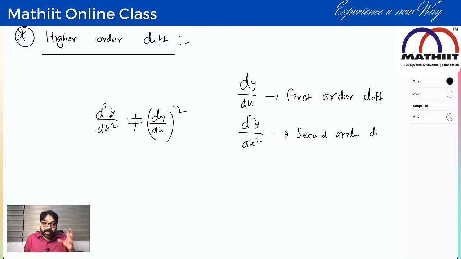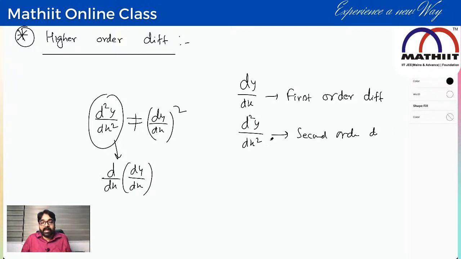This is different. d square y by dx square means d by dx of dy by dx, and that is the second order. Same way, if I write this way, this means nth order differentiation.